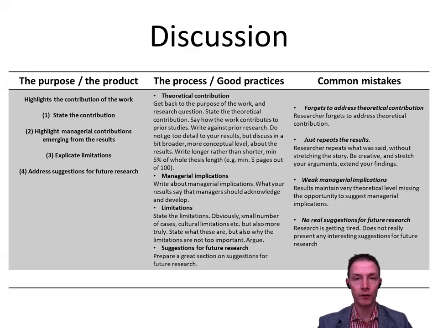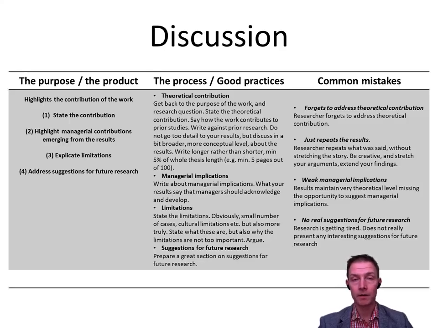The whole discussion section feels a little cramped and quickly implemented. The researcher was already too tired at this point and didn't make an effort to highlight the contribution, the managerial implications, the true limitations, and suggestions for future research. It's important to do this properly, and not to undermine the value of your study.